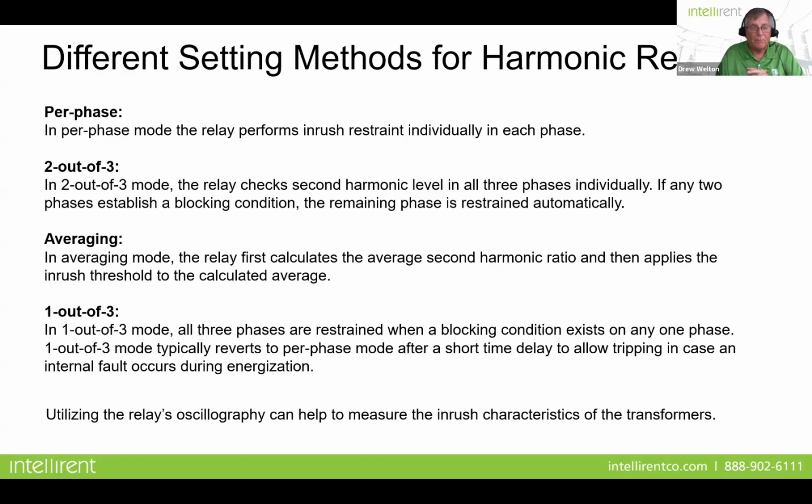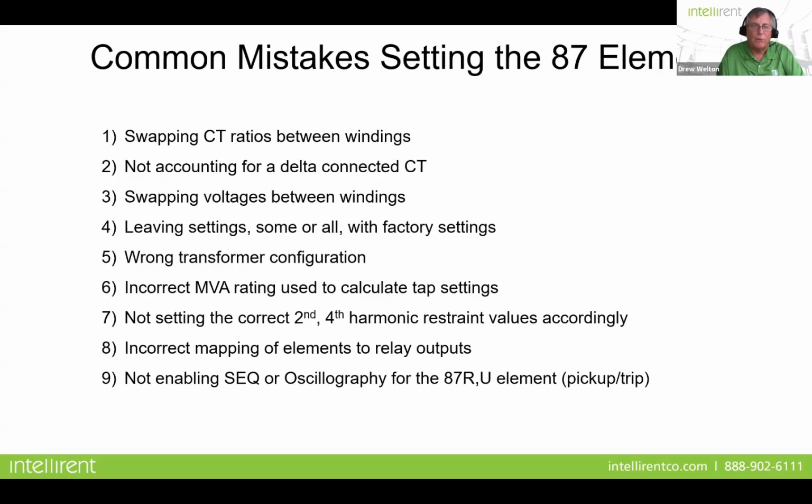Then you could do 1 out of 3. In 1 out of 3 mode, all 3 phases are restrained when a blocking condition exists on any one phase. Again, it depends on the type of transformer and how it responds to inrush, and how much stability versus reliability you want in terms of applying those values.